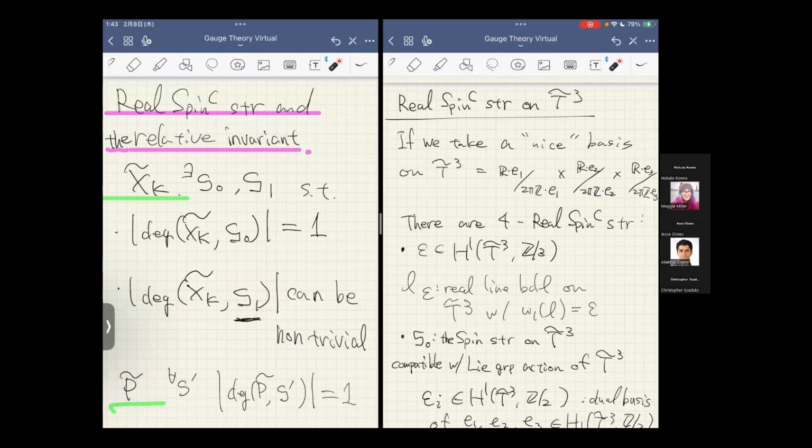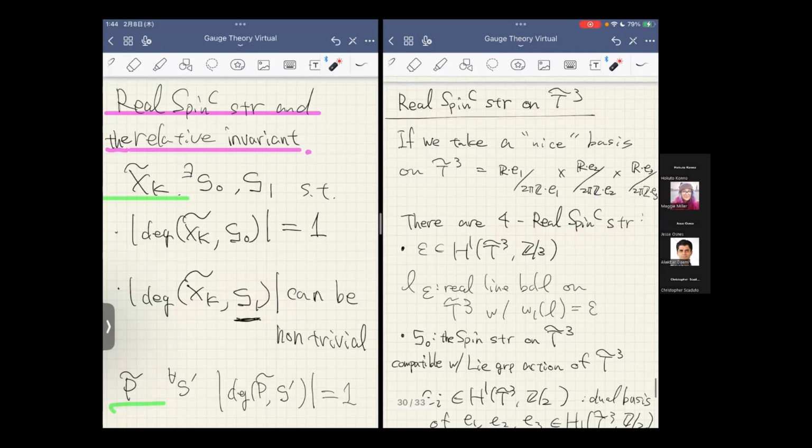So let me explain the real spin^c structure on the boundary. There are 4 real spin^c structures on T^3 tilde.